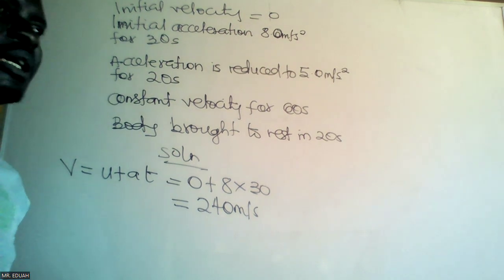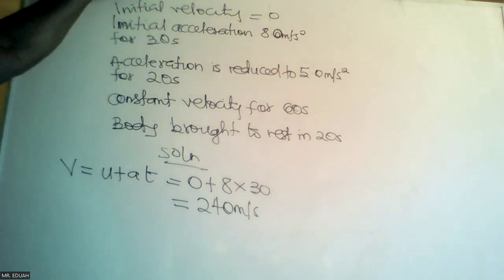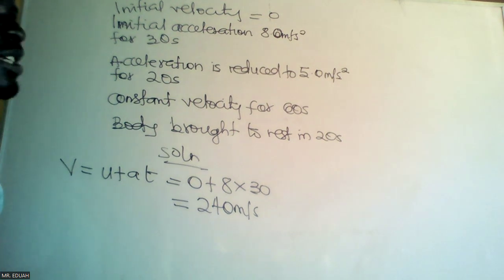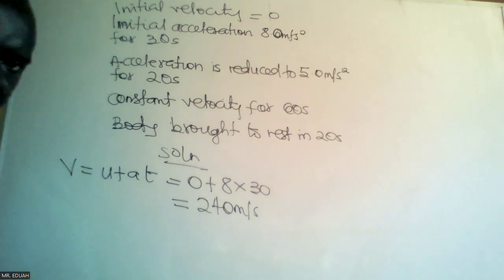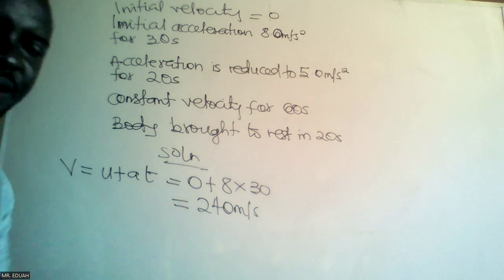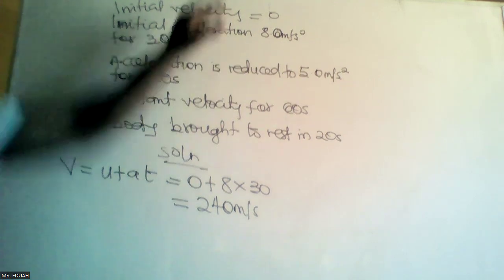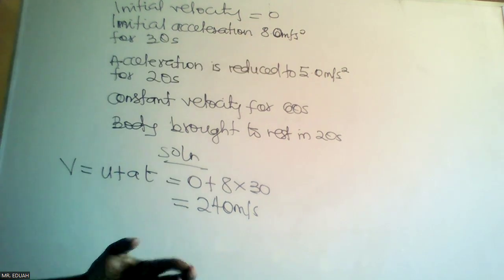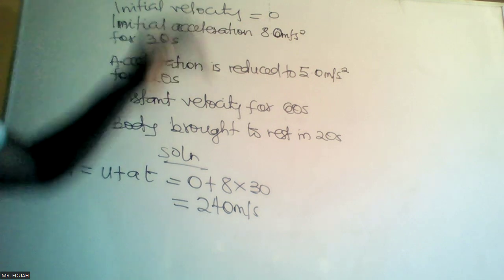An acceleration of 8.0 meter per second squared simply means that the body is moving at a velocity of 8 meter per second within every second, where its velocity is constant or uniform within equal time interval. So the body is moving at a velocity of 8 meter per second within every second. Then the body's acceleration was reduced.